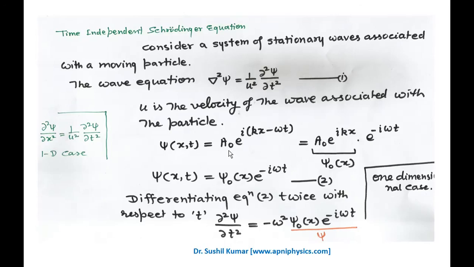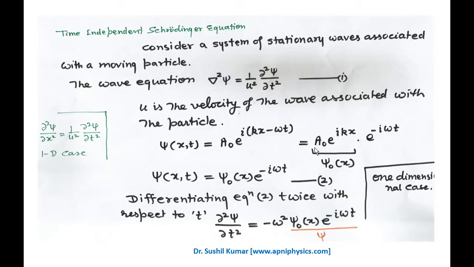In this case, it is defined with this plane wave solution, that is a naught into e raised to iota kx minus omega t. If I separate this exponential part into the x variable and the t variable, one is the exponential term with iota kx and the second is minus iota omega t.